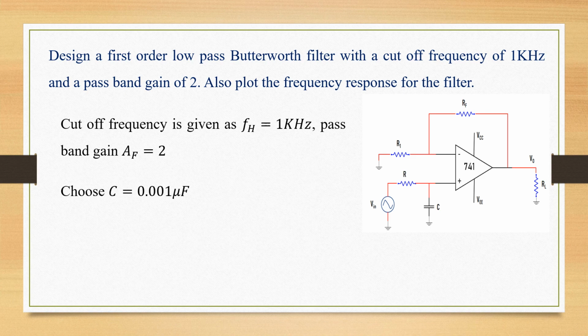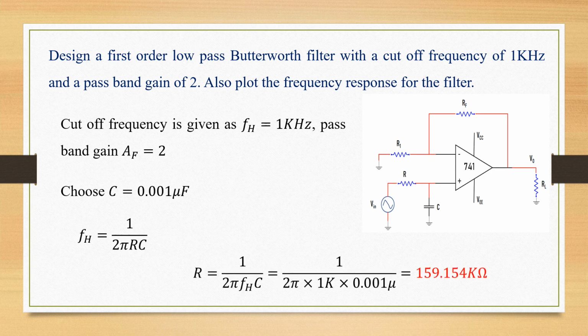The third step: after knowing the value of FH and the capacitance C, we find the value of the resistance R by using the expression FH is equal to 1 over 2 pi R C. Substituting, we get the resistance value as 159.154 kilo ohms. So the capacitance and the resistance values are done.